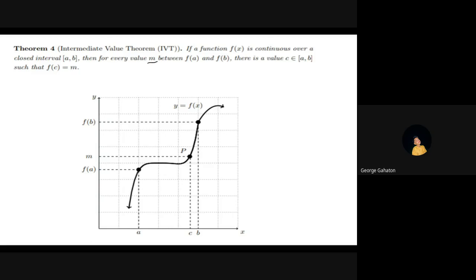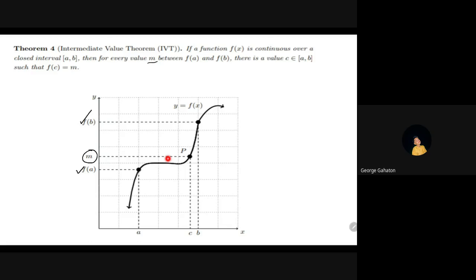Let's take a look at the graph as we consider m. Here is our m. As we consider m between f of a and f of b, this is f of a, and this will be our f of b. So you imagine moving the dotted line for m up and down between the dotted lines of f of a and f of b.